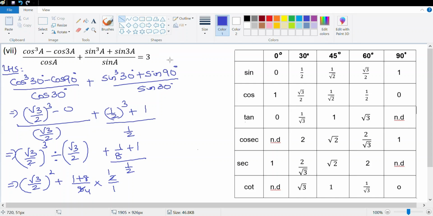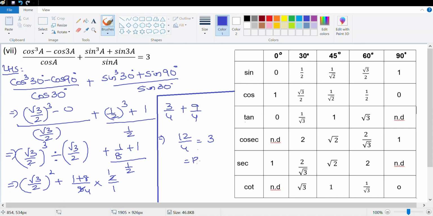So what we have here is the first term becomes 3 upon 4, and this is 9 upon 4, which is equal to 12 upon 4, which is equal to 3, which is equal to right hand side. Therefore, LHS is equal to RHS is equal to 3. So hence proved. Done. That finishes this exercise for me.